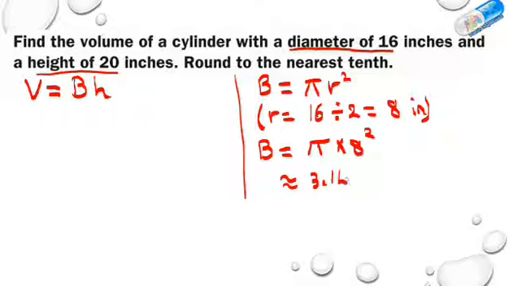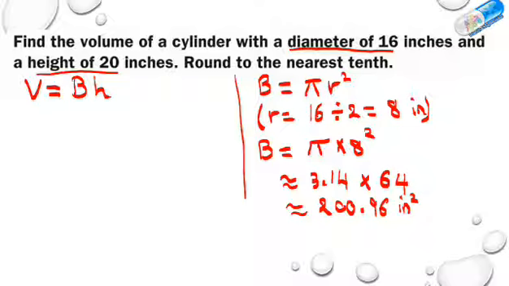This is the rounded value for it, times 64. If you calculate it, you will find it's 200.96. And of course, this is in square inches because this is the area.